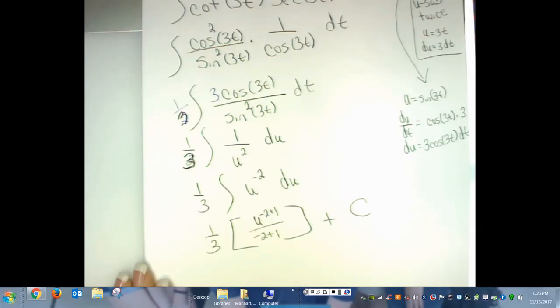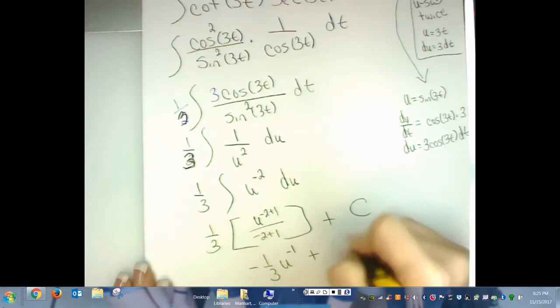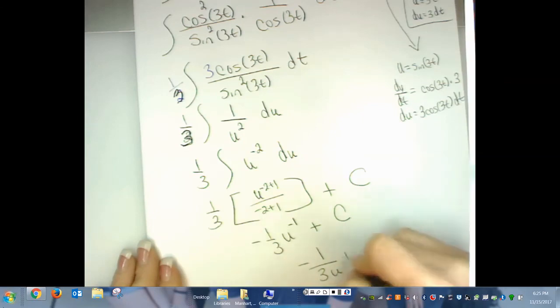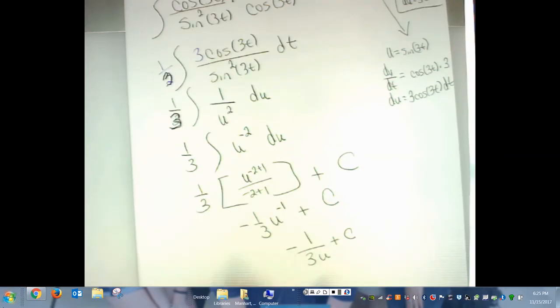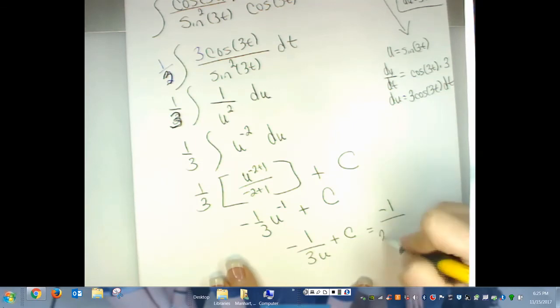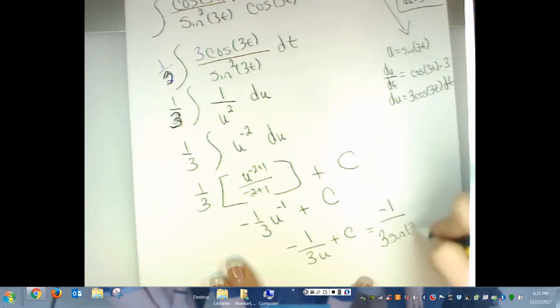And that's going to give us a negative 1/3 u to the negative 1 plus c, which is going to be a negative 1 divided by 3u plus c, which is going to be a negative 1 divided by 3 times the sine of 3t plus c.